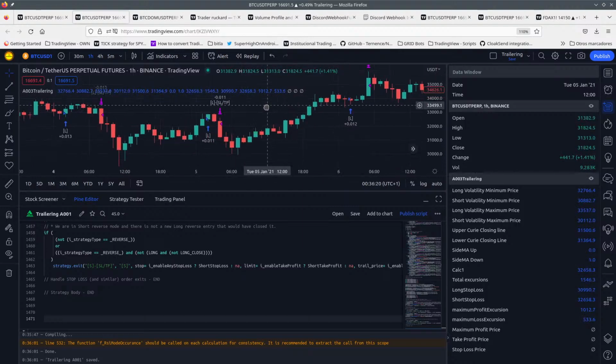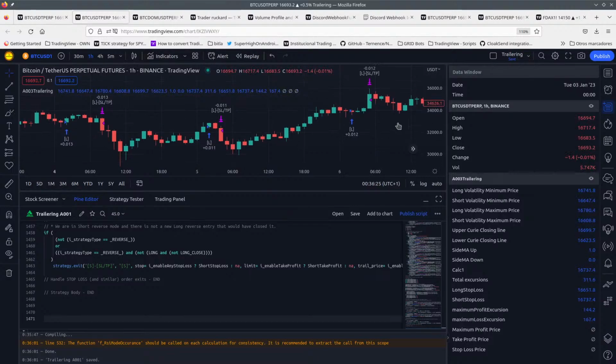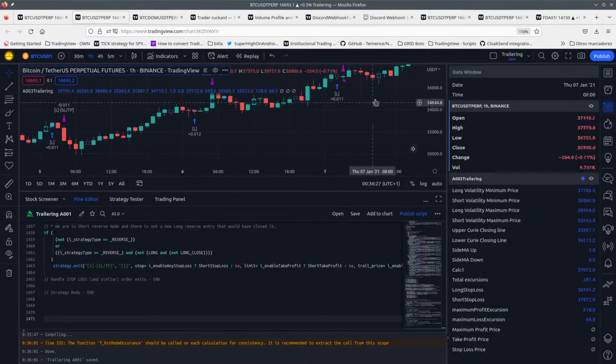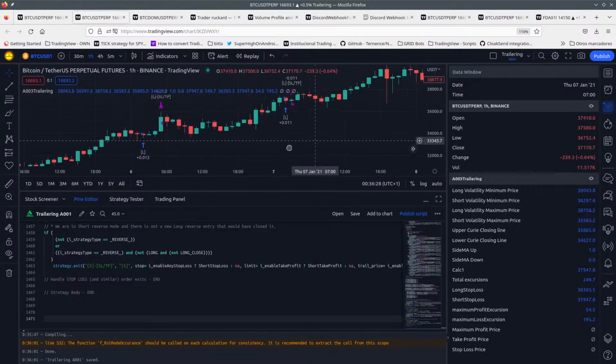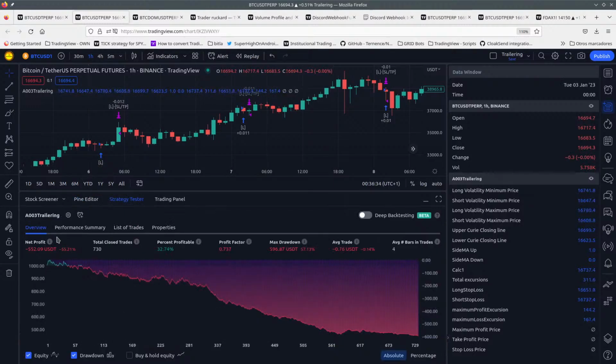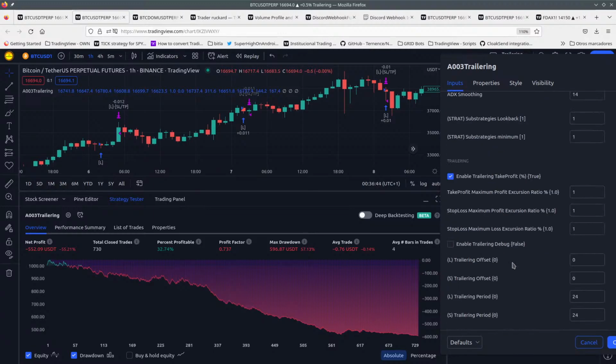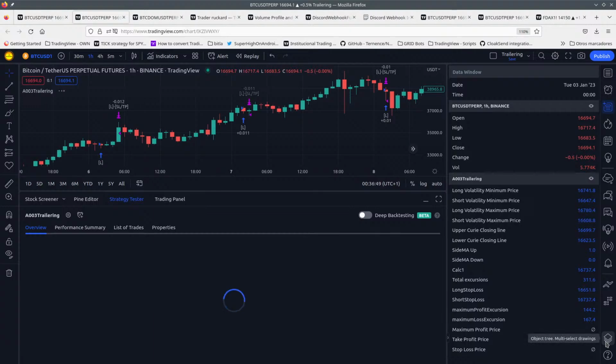Okay, yes, we only have one of them, which is long, and probably we don't have any lines. By default, the whole debug is not here.